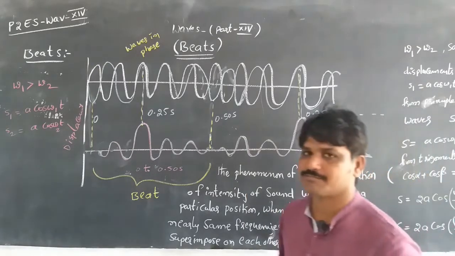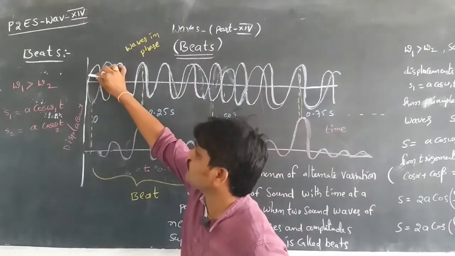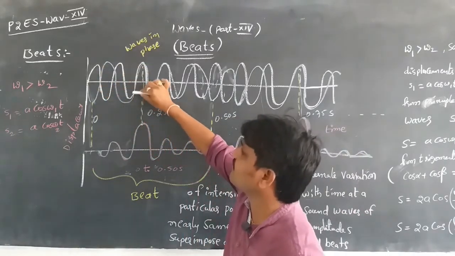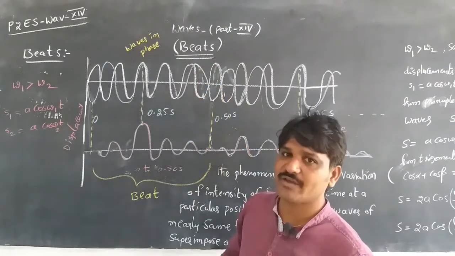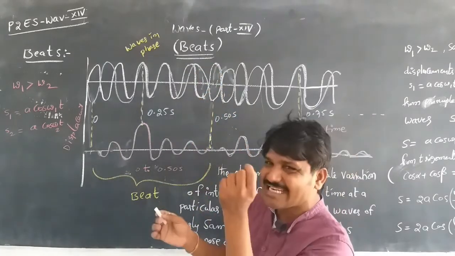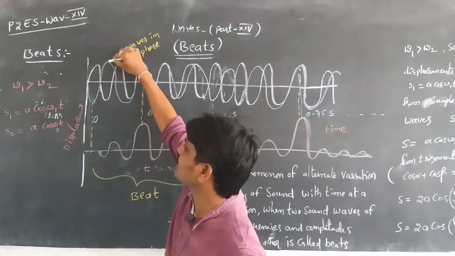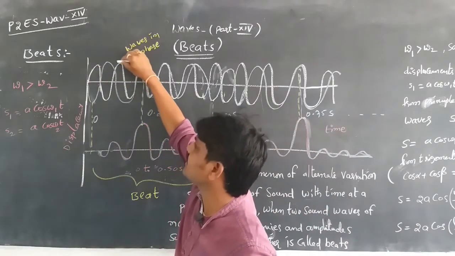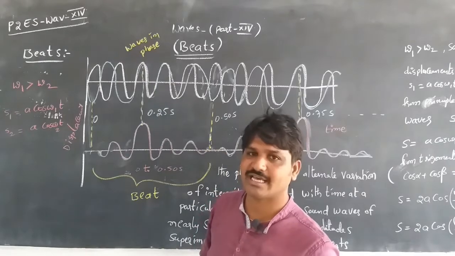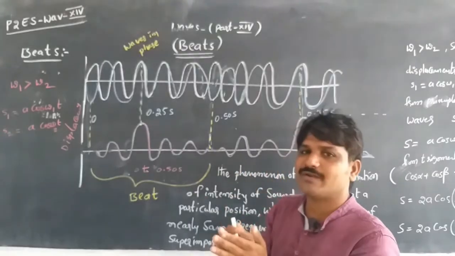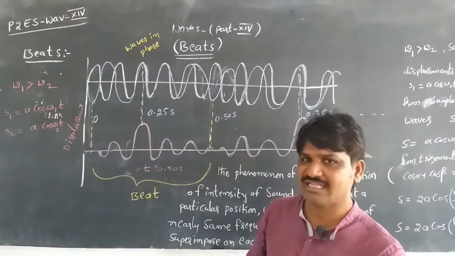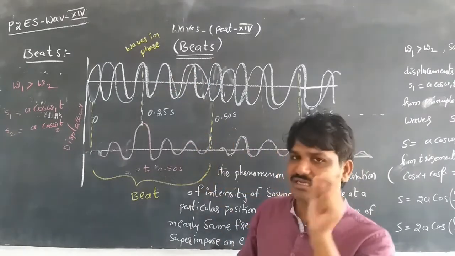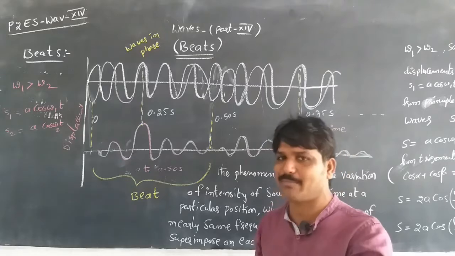Here just see this. One wave is moving in one direction, the wave in white color, and another wave with a slightly different frequency is also moving in the same direction, with slightly different frequency and amplitude.